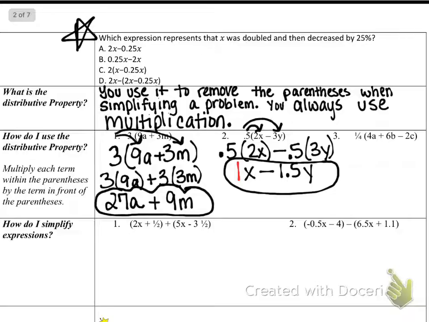All right, how do I simplify expressions? Now, looking at this number 1, essentially, this is basically an addition problem. I am taking this first set of parentheses right here, and I'm adding it to this set of parentheses. Now, technically I need to distribute a positive 1.